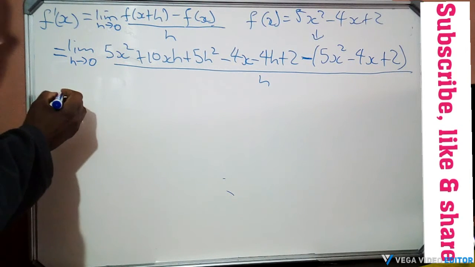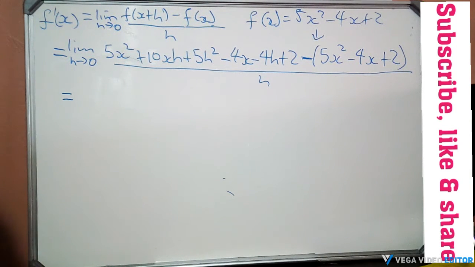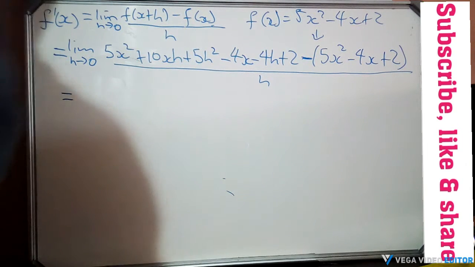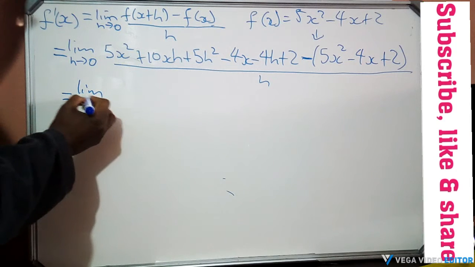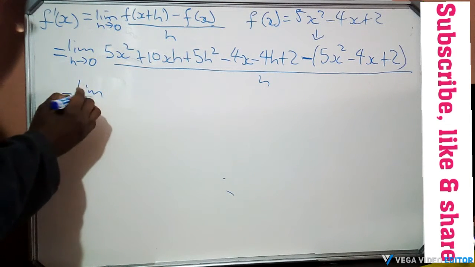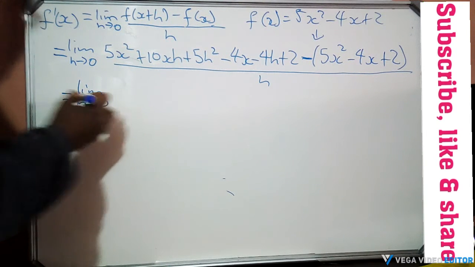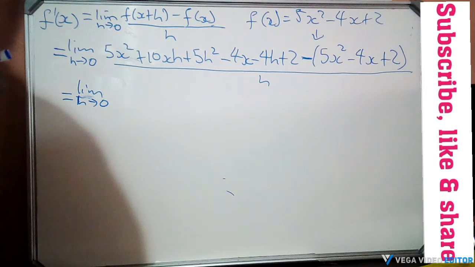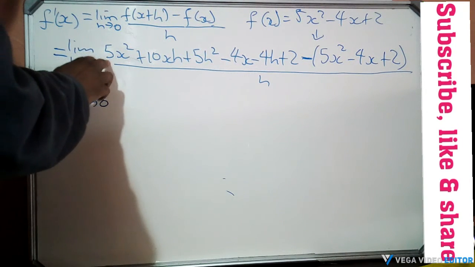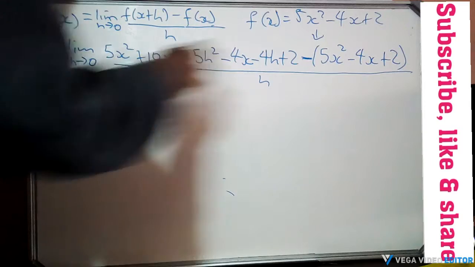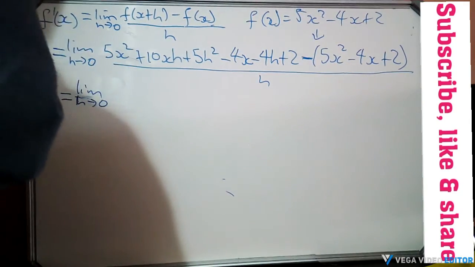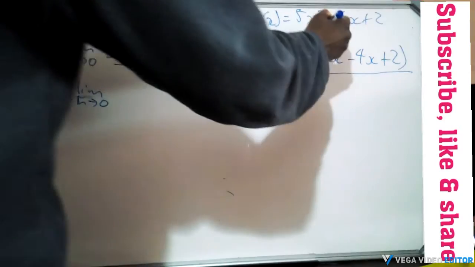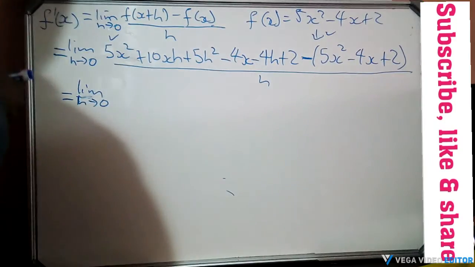Next we've got the limit with h approaching 0, and then let us solve here. 5x squared minus 5x squared, so this one and that one cancel each other out.